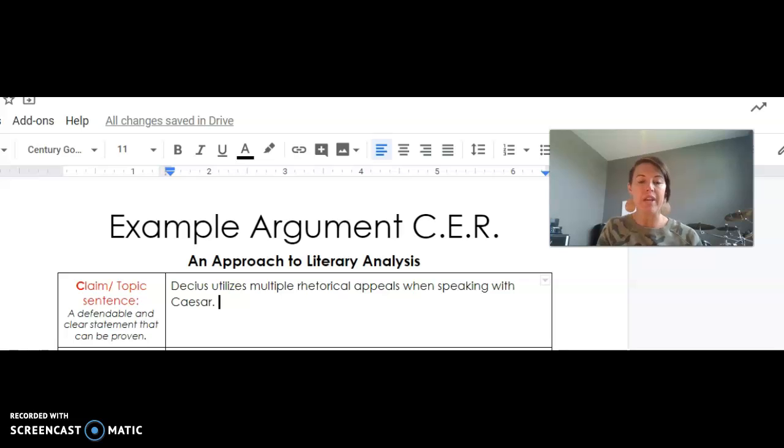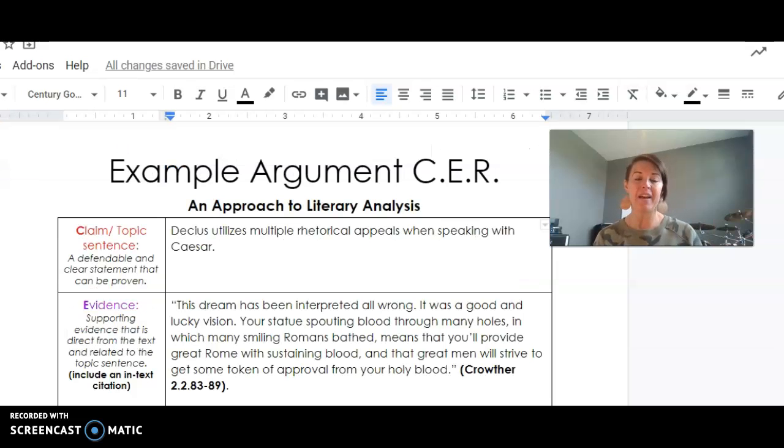So once we have our claim or topic sentence, we're ready to move on to our evidence. So we need to prove that Decius does indeed do this. Looking back at the text, I pulled my evidence from Act 2, Scene 2. Let me backtrack a little bit. Calpurnia wakes up in the morning and has had this horrific dream that Caesar's statue is spouting blood.